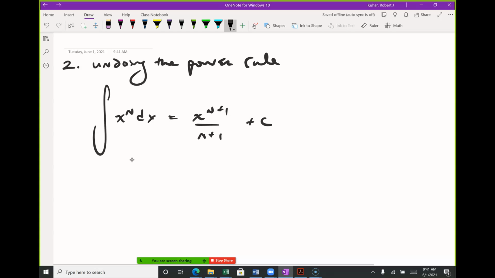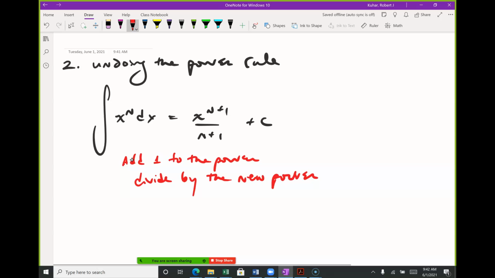So I'm first adding to the power, dividing by the new power. And this is undoing my informal version, undoing the power rule, right?